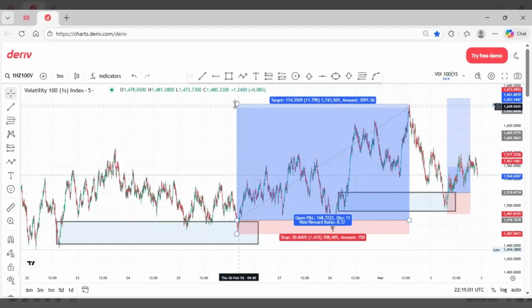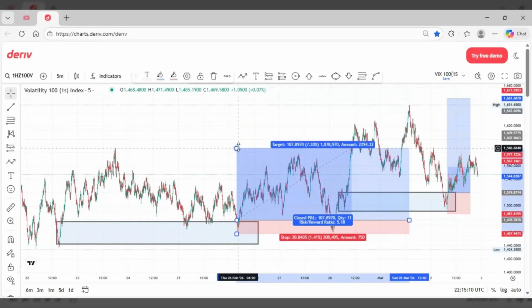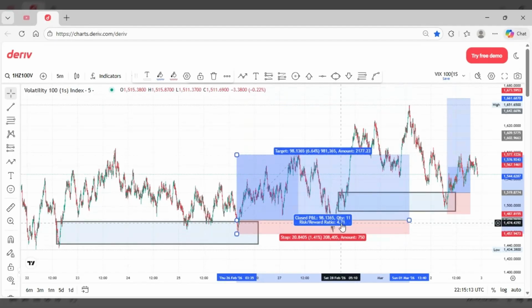Before this market pulled back, this market had already given us how many risk reward? 1:4.7. That means, for example, if I'm risking $10 on this trade, from here to here, I have already made $40.